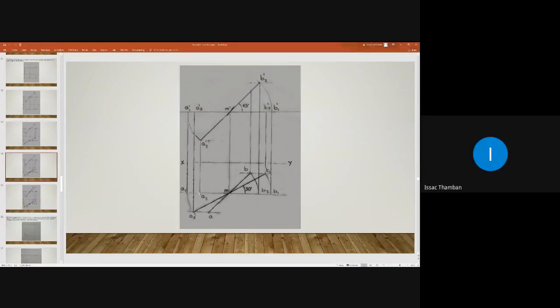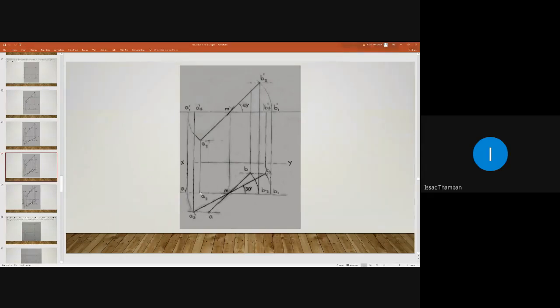So take MA2 in your compass and with M as center, draw an arc and intersect this locus line. Because we know that if you tilt the line with respect to HP, point A will move along this line.